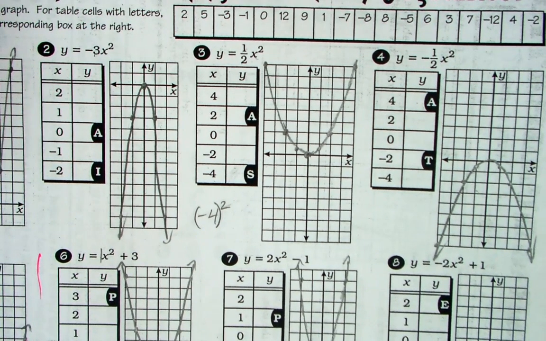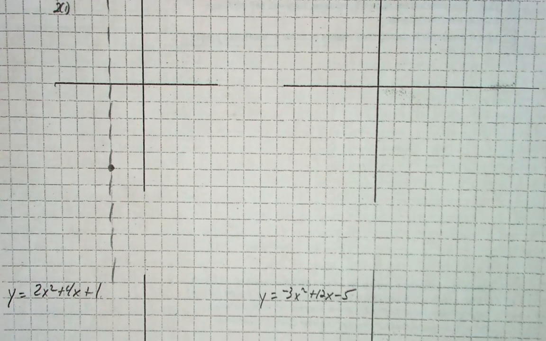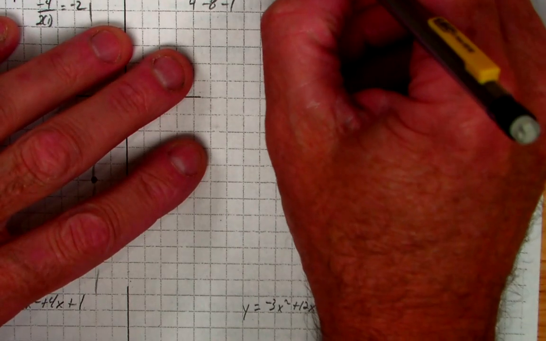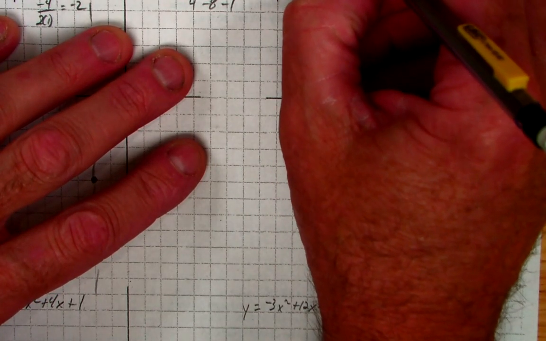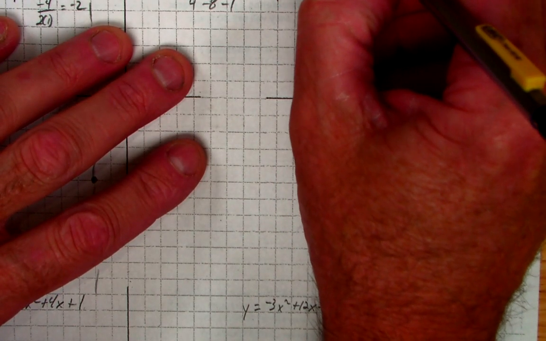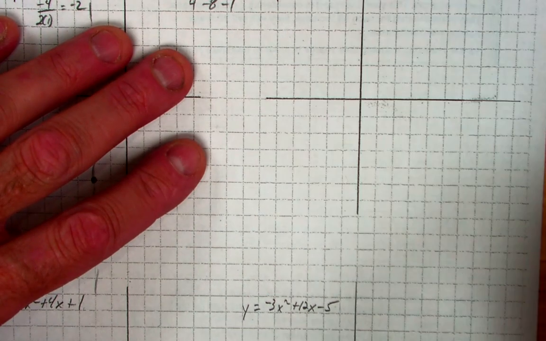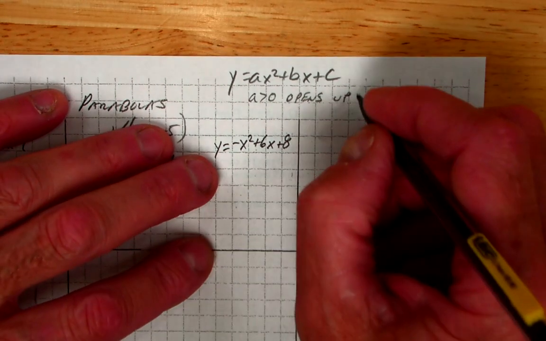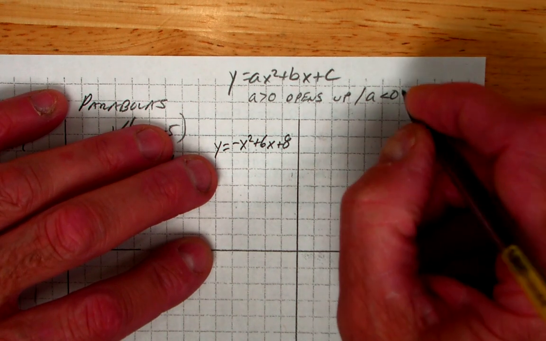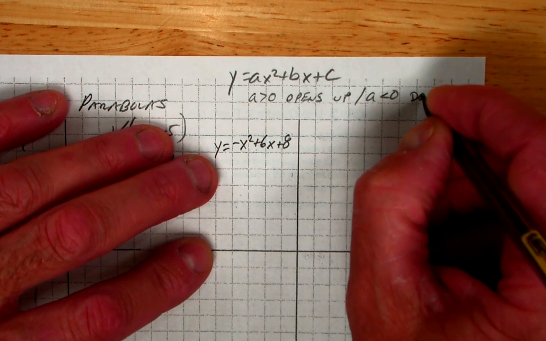If it's negative, it opens down. Yep. If it's negative, it opens down. If it's positive, it opens up. Let's write that. So if a is greater than 0, it opens up. If a is less than 0, it opens down.